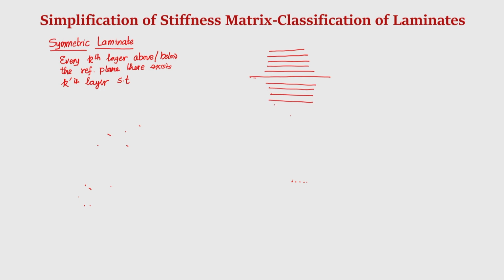Okay. So, suppose this is the kth layer, okay. So, this kth layer is having a distance of z k bar, which is the distance of the middle surface of the kth layer from the reference plane, okay.